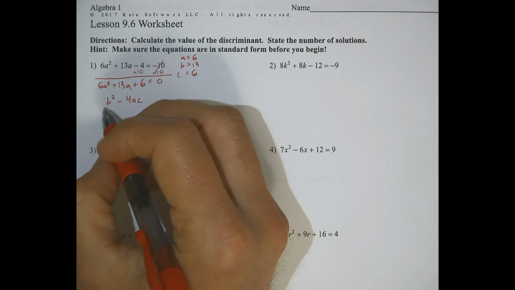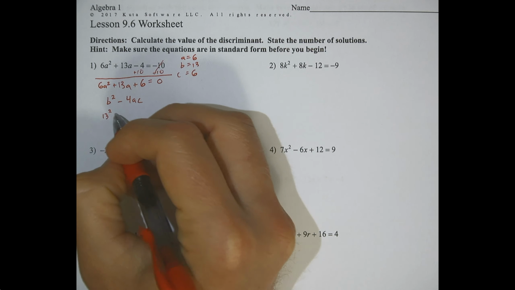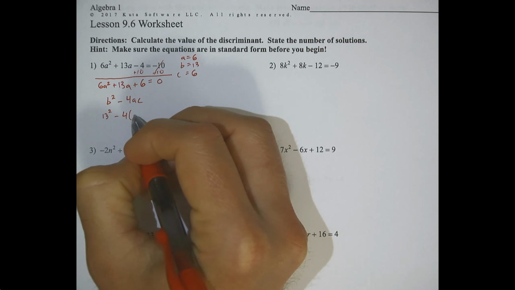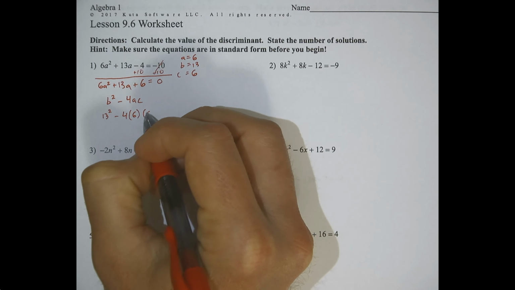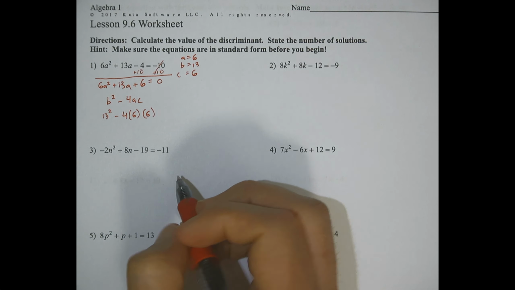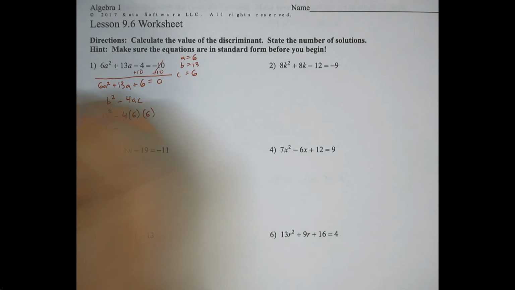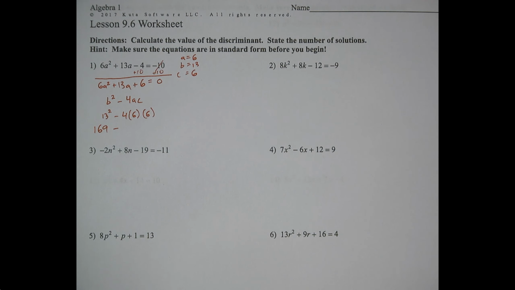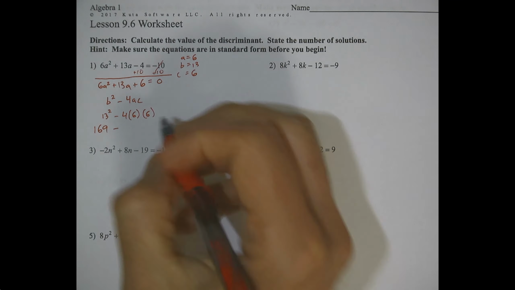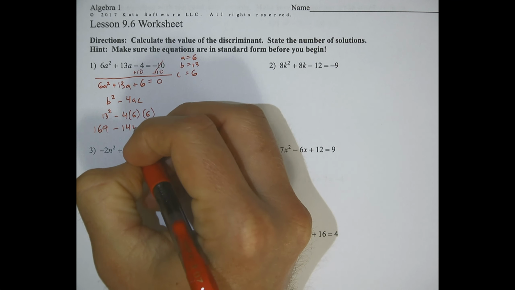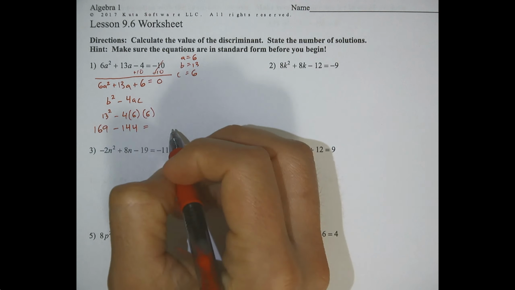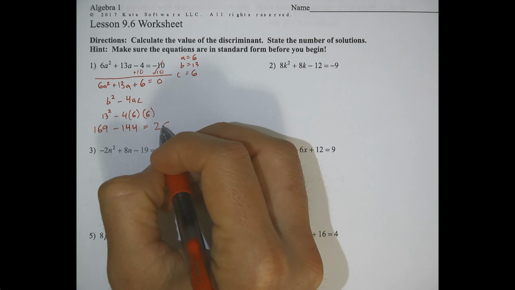So when I plug in for b, it's going to be 13 squared minus 4 times 6 times 6. So 13 squared is 169, and 4 times 6 times 6 is 144. If I go ahead and subtract those, I'm going to get 25.